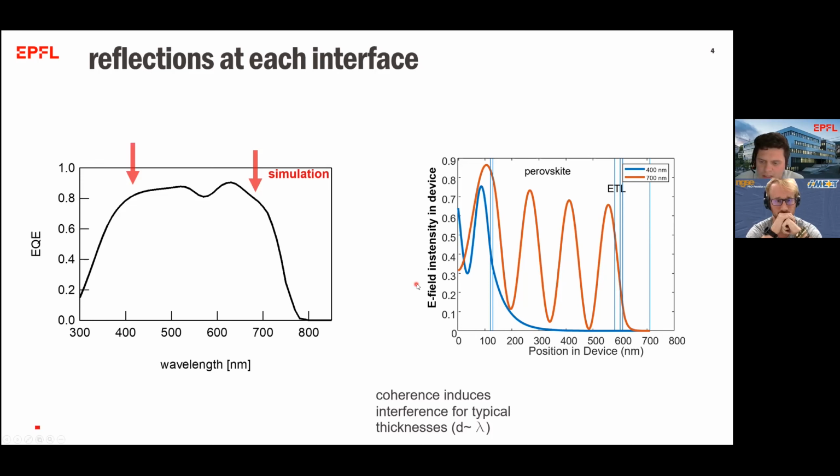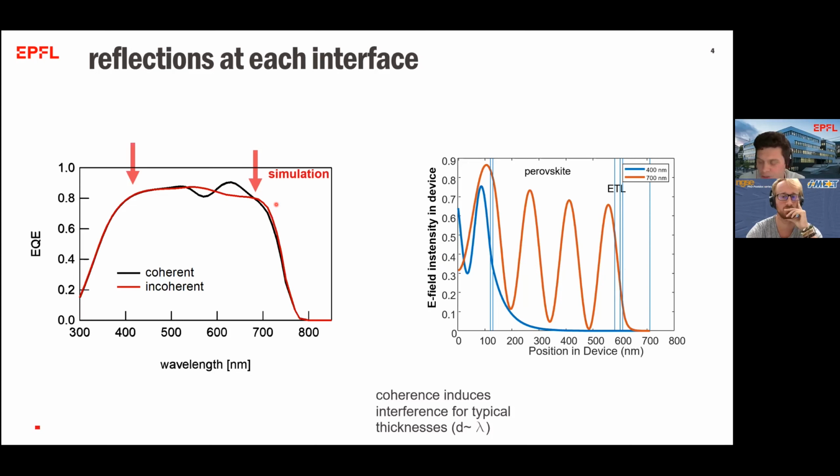This typically appears if you have layer thicknesses on the order of the wavelength of the light, which is exactly the case in perovskite solar cells. You can get rid of that by breaking this coherence, by making the layer incoherent. That is very easily done in a simulation, but sometimes not so easily done in real life.